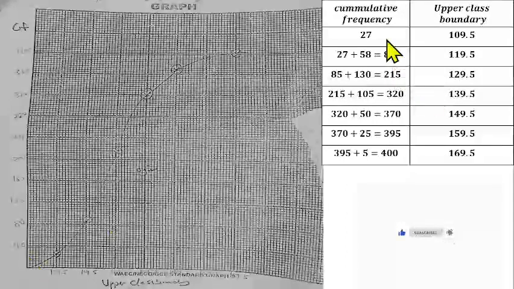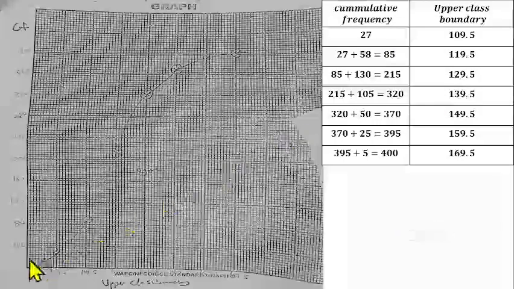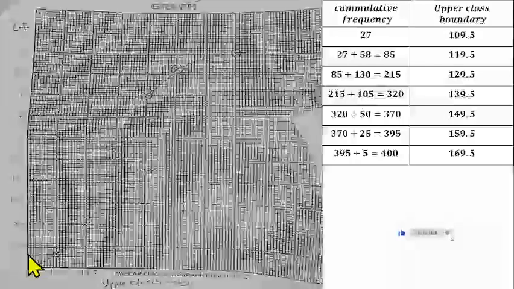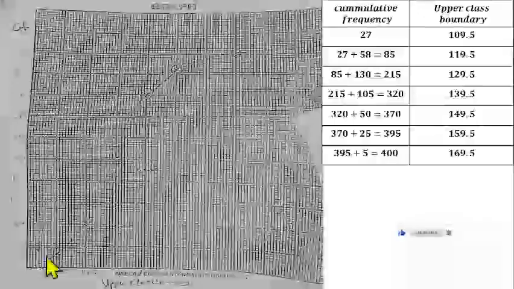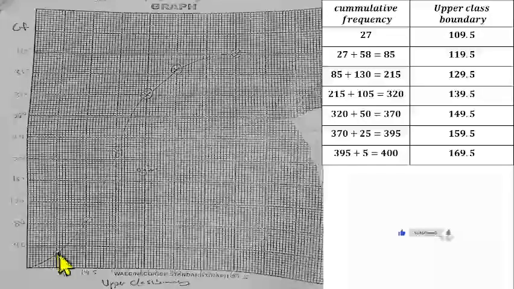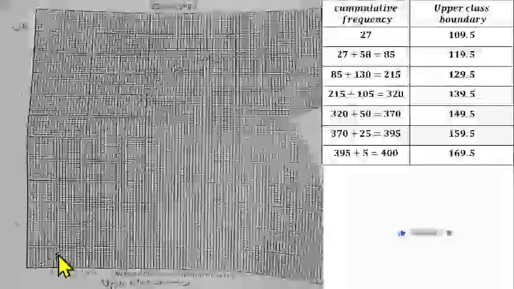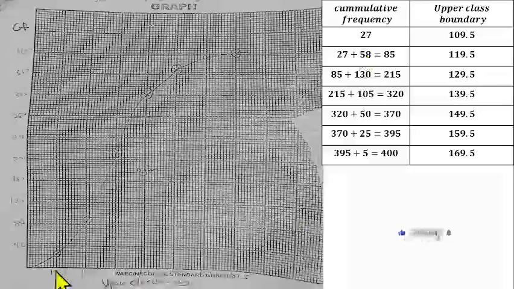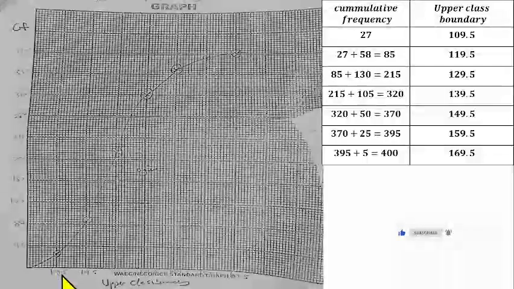We are going to 27. The seventh line will be 28. So the point is going to be between the sixth line and the seventh line. We mark it there, which gives us 27 under the 109.5 here.